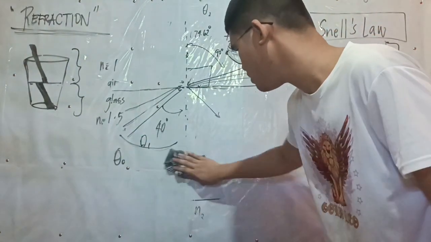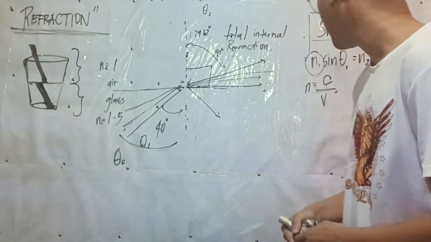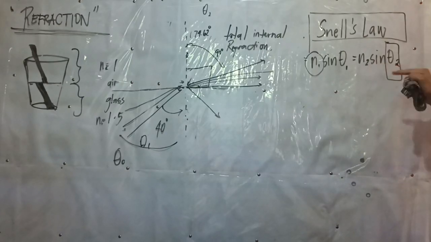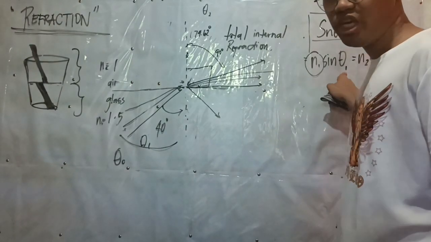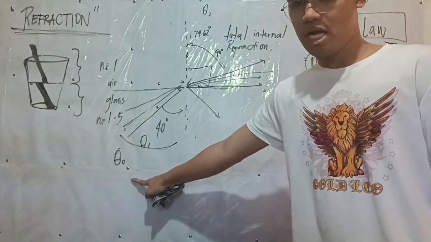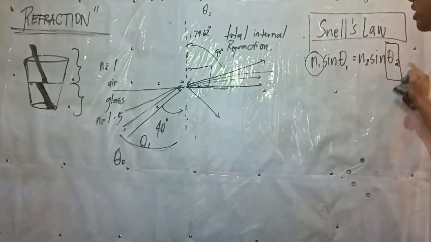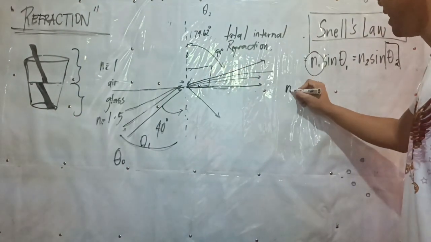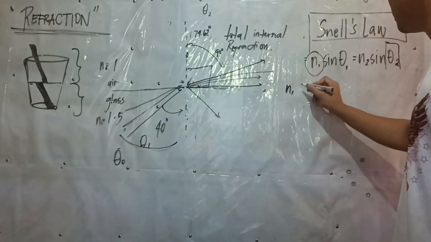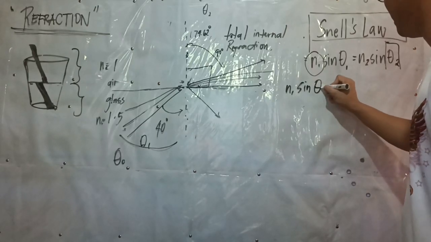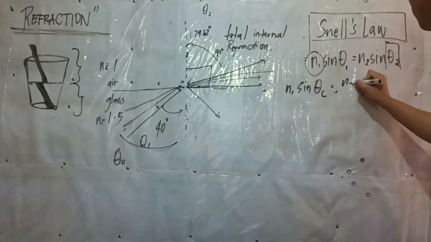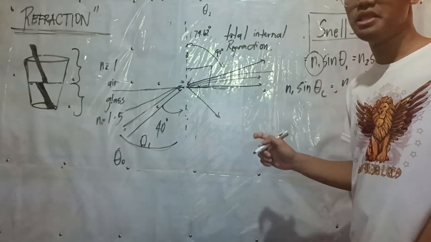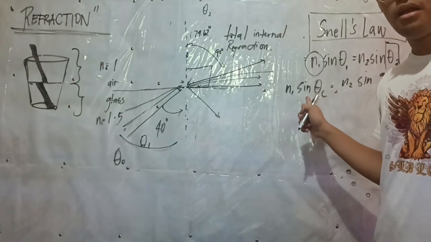N1 sine theta 1 is equal to N2 sine theta 2. So our theta 1 is equal to our critical angle, and our theta 2 is equal to 90 degrees. So we have N1 sine critical angle is equal to N2 sine 90 degrees. How are we going to get the critical angle?